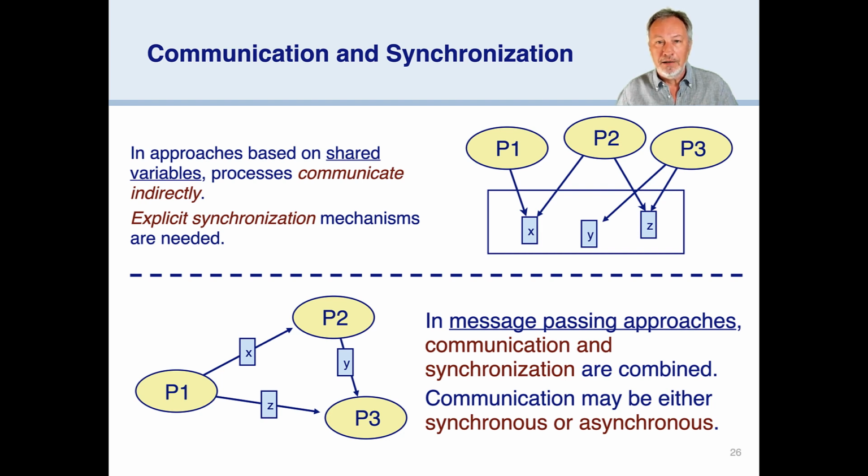And P2 at a later point in time, immediately or sometime later, will receive the message X and decide what to do with it. So here we see that communication and synchronization are bundled together, whereas in the shared variables approaches, communication is indirect through these shared variables, but we need some other explicit synchronization mechanisms to avoid safety issues.